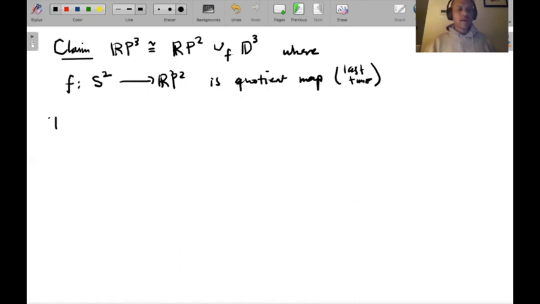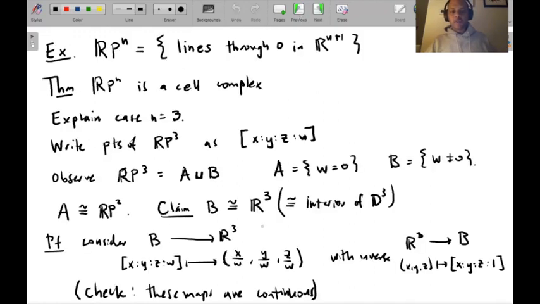So let me explain the idea of this. To understand how A and B are attached to one another, one should start with points in B that go to the boundary of the three-dimensional disk.